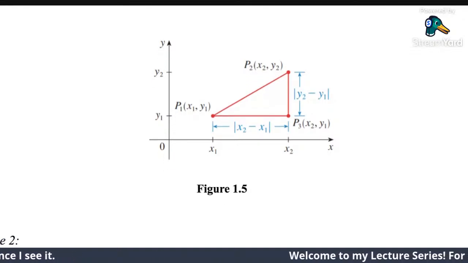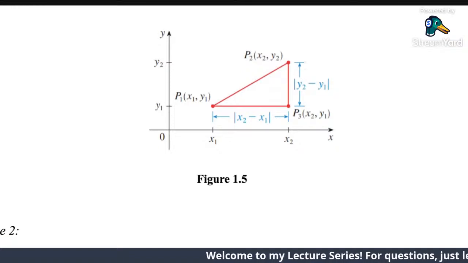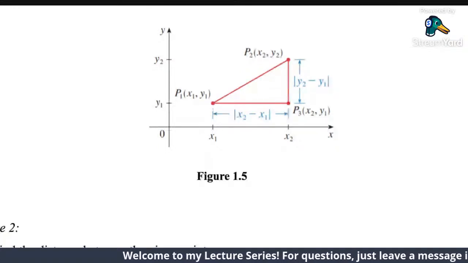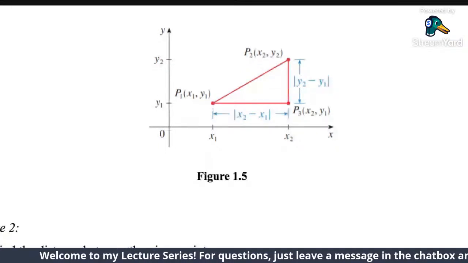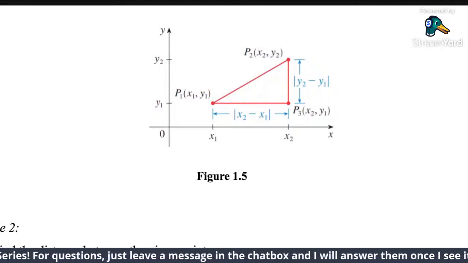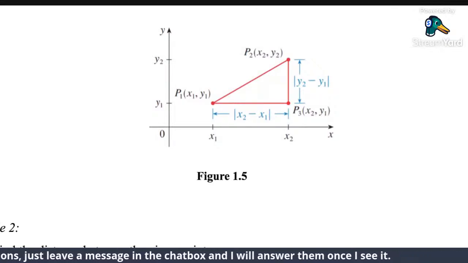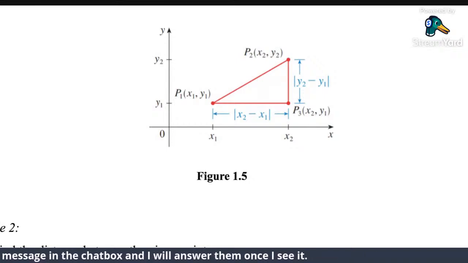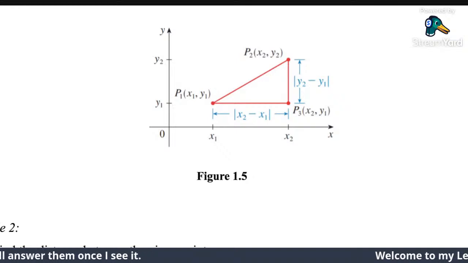So this will be your a squared and b squared. And we know that the distance from point P1 to point P3, which is your a in the Pythagorean Theorem, is x sub 2 minus x sub 1.